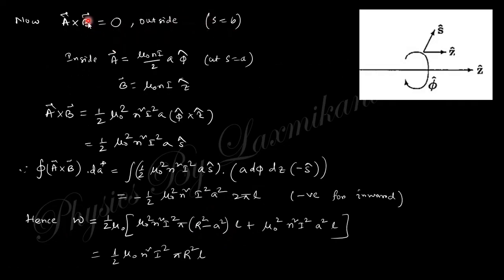Outside, A cross B equals 0 since B equals 0, and inside A equals like that, B equals like this. If you cross product these two things, you can easily find this one. Phi cross z equals s cap. In the cylindrical coordinate system, you remember that phi cross z equals s cap, right? So the closed integration of A cross B dot da equals this one.